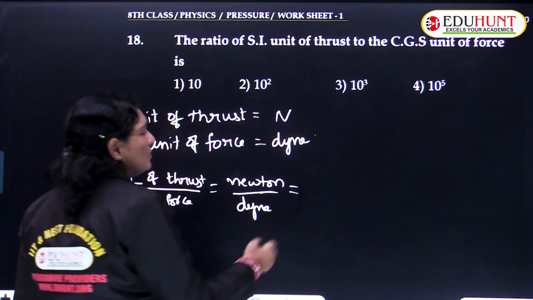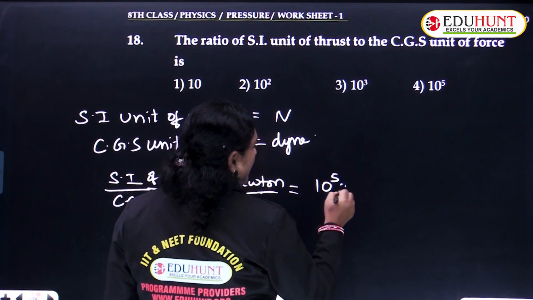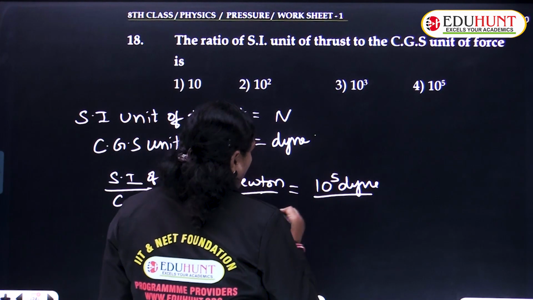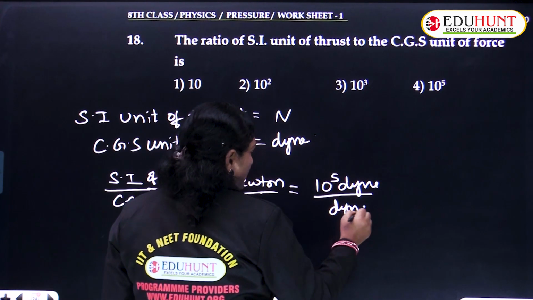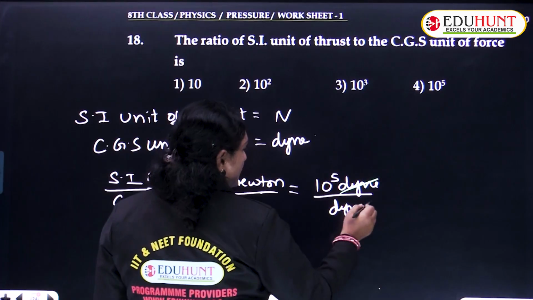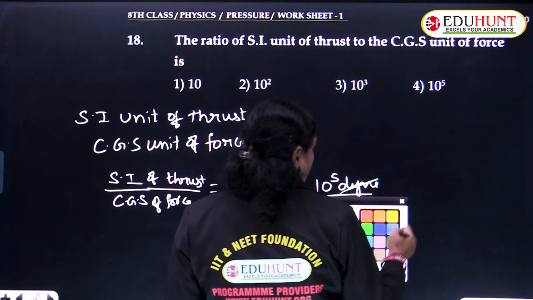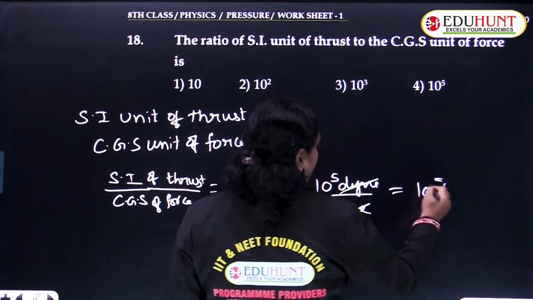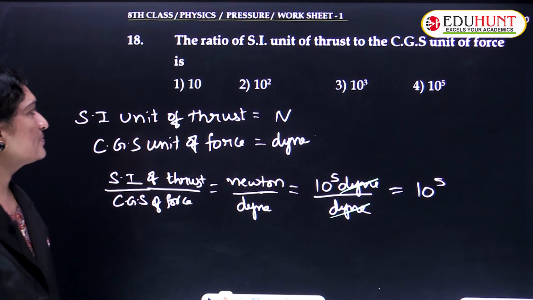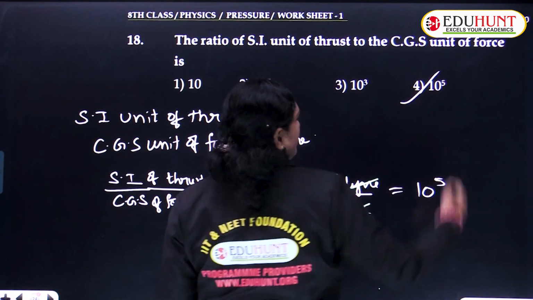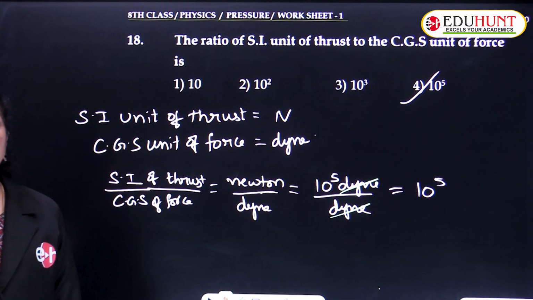So how much is 1 Newton? 1 Newton is 10 power 5 dyne upon dyne. So simplifying further, dyne gets cancelled and you are left with 10 power 5. So the correct option must be option 4, that is 10 power 5.